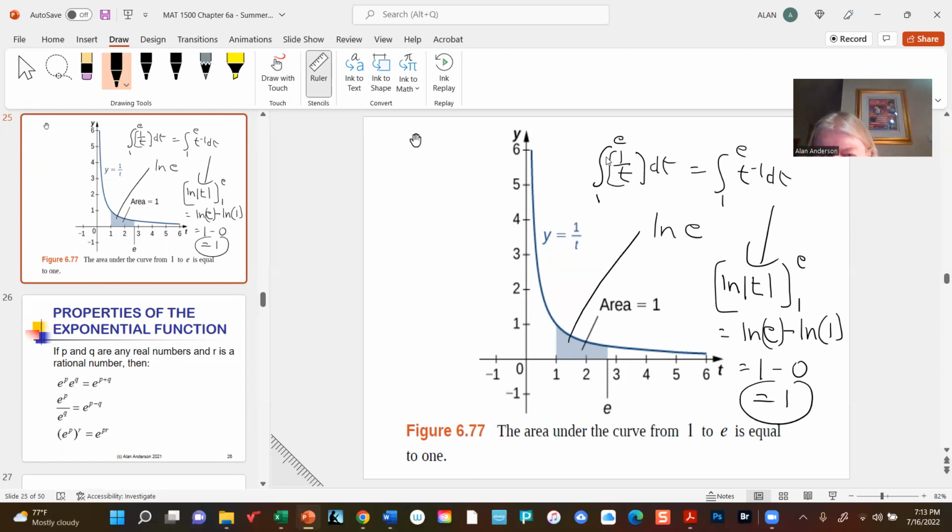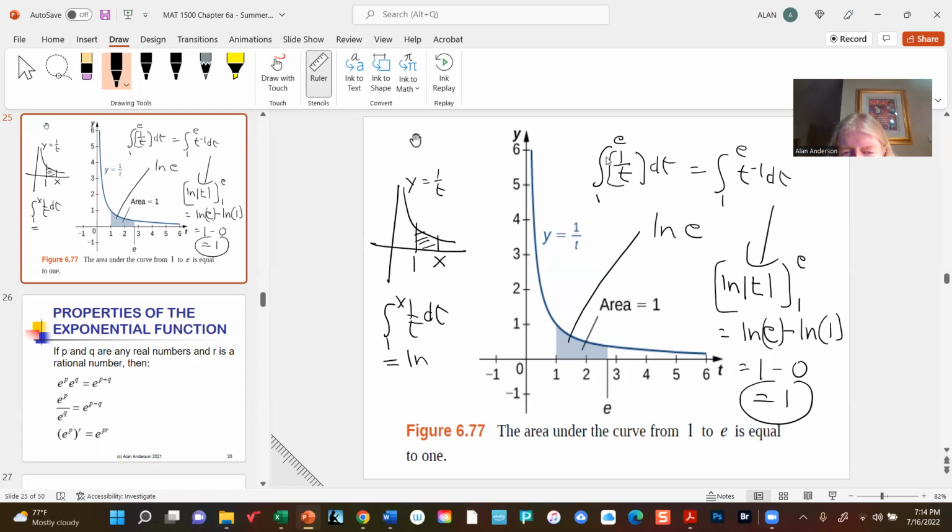In other words, what the graph is saying is, as we saw before, because we're looking at the curve or the function y equals 1 over t, the area under that curve between 1 and some other value x equals the natural log of x.